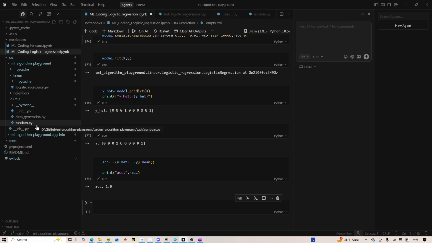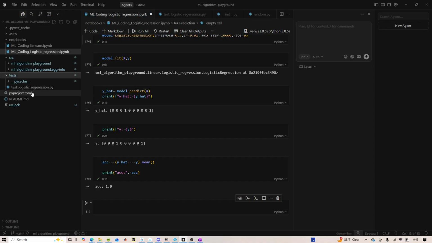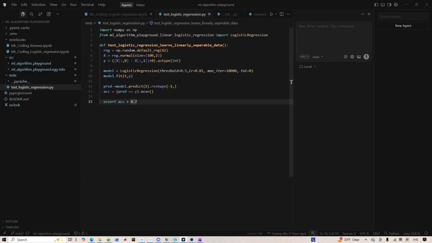So I wrote a PyTest as well. Here the PyTest tests logistic regression, where we grab the default generator. Instead of using the generator that I wrote, I just quickly wrote up a test that does not depend on other packages.